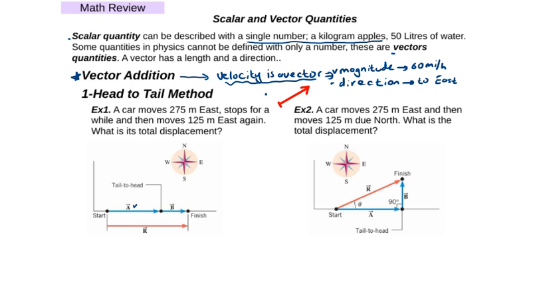If I have vector A, like you see in this figure, and vector B, to add them using the head to tail method, I take A and draw it without changing its length and direction. I can carry my vectors wherever I want, so I carry my vector to a position that is comfortable for me to draw it.